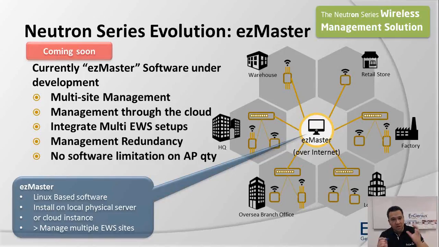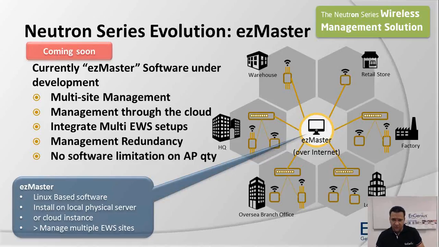So it's a multi-site management. From the software, from the server, you can manage multiple EWS setups. And the management should be through the cloud or the internet, and it integrates multiple EWS setups.